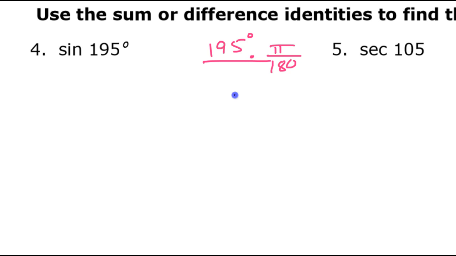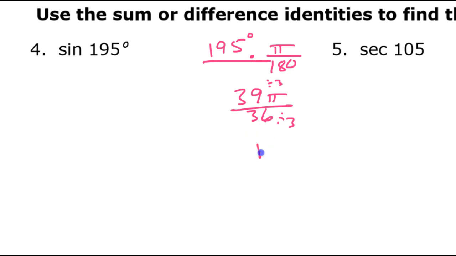So if I divide 195 by 5, that's 39. And if I take 180 divided by 5, that's 36. Okay, now I can see that these are each divisible by 3. So I'm going to do that next.